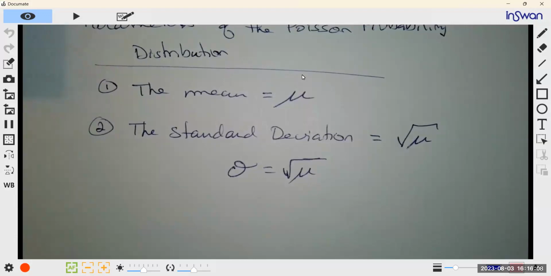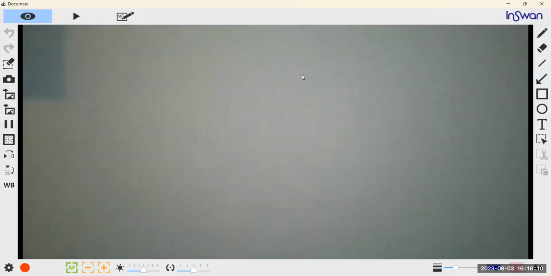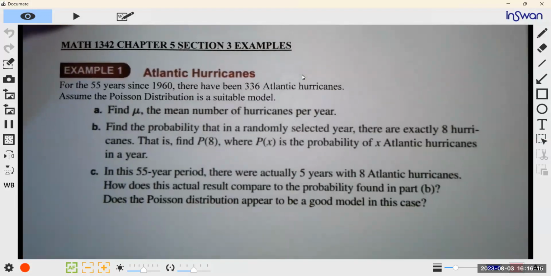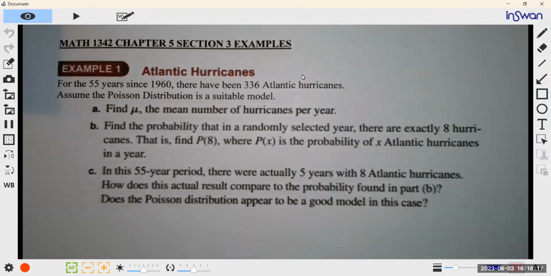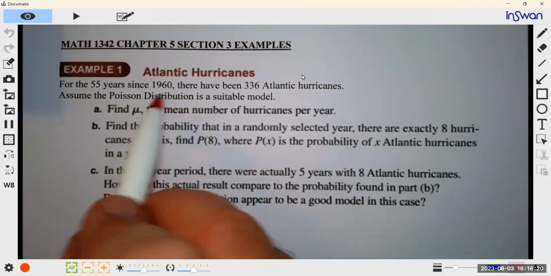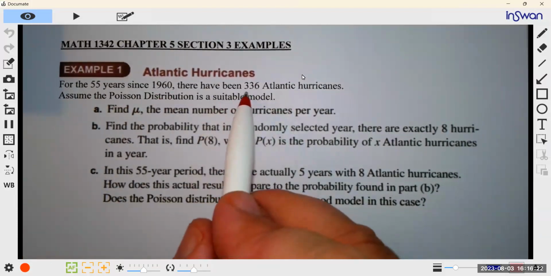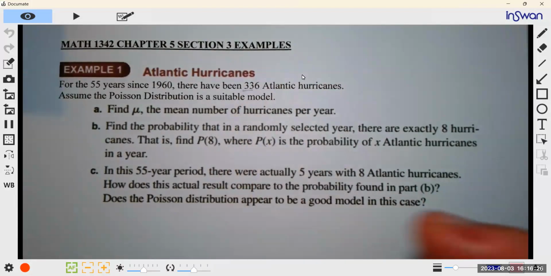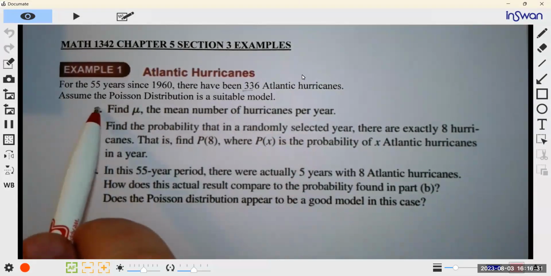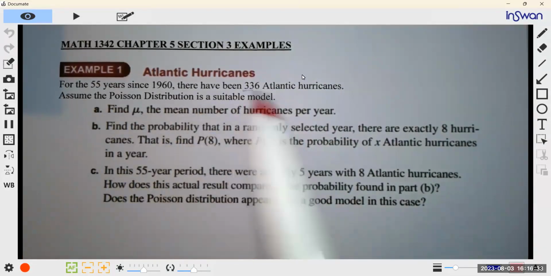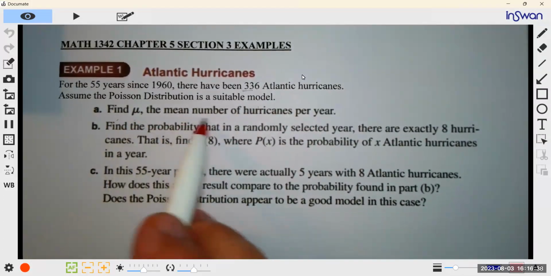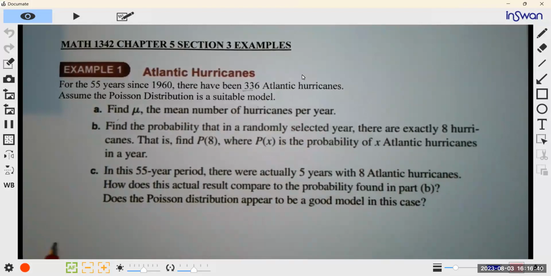All right, let's look at our first example. Atlantic hurricanes. For 55 years, since 1960, there have been 336 Atlantic hurricanes. Actually, it's a bit more than that; this is as of 2 or 3 years ago. Assume the Poisson distribution is a suitable model. Find mu, the mean number of hurricanes per year.